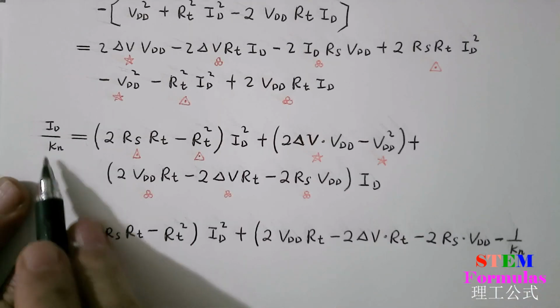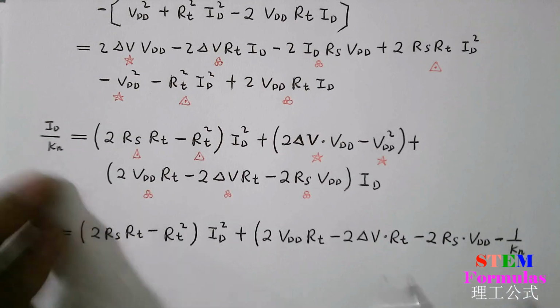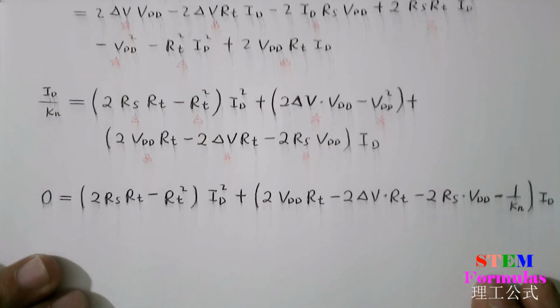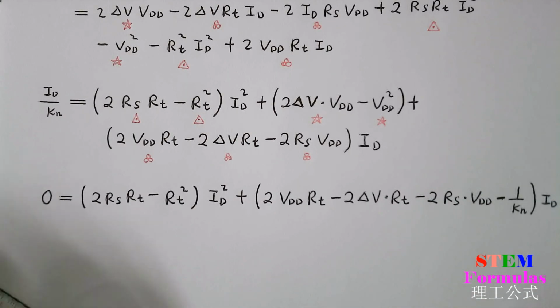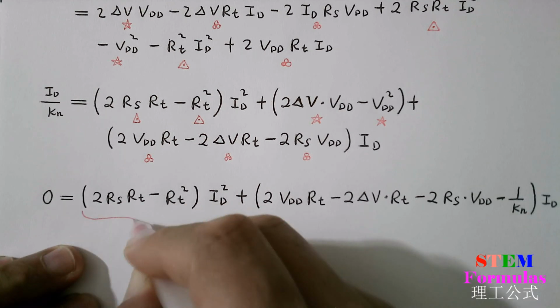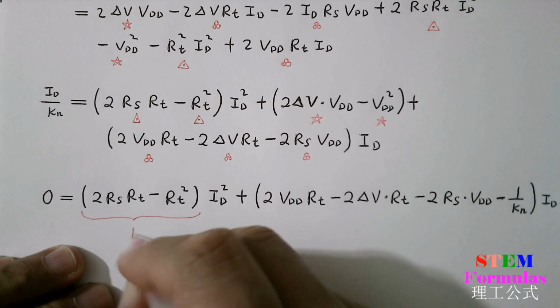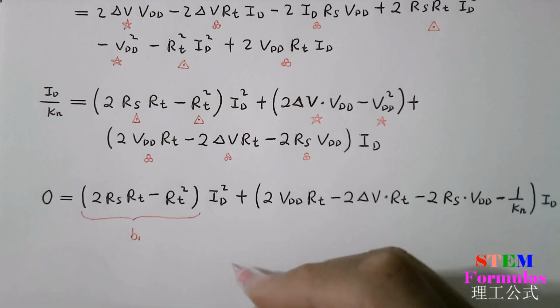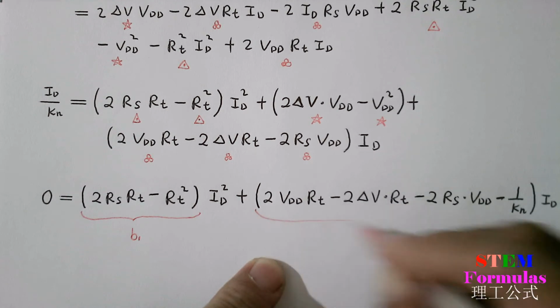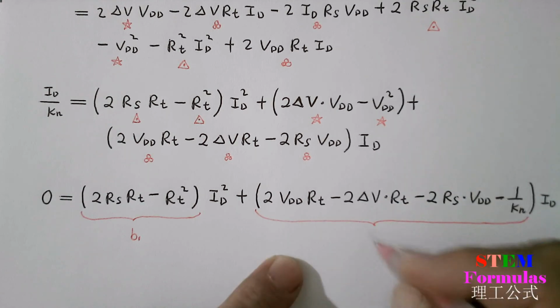So this term I move to the right, and then I take ID out, so I get ID here. This term, the coefficient of ID square, I call B1. And this term, the coefficient of the linear term ID, I call B2.